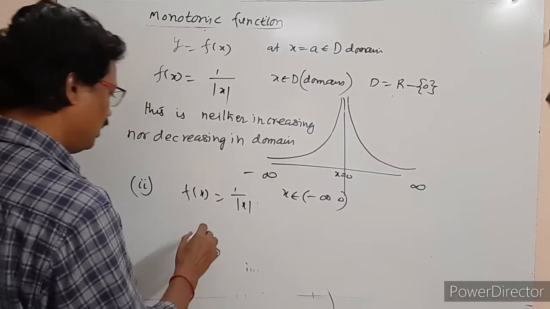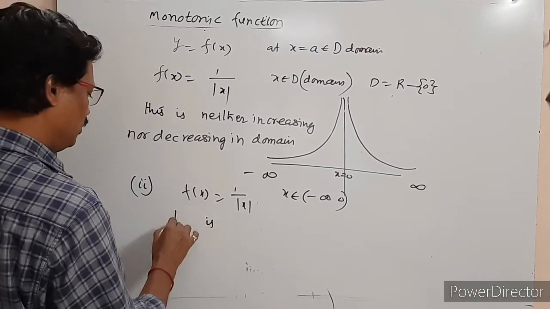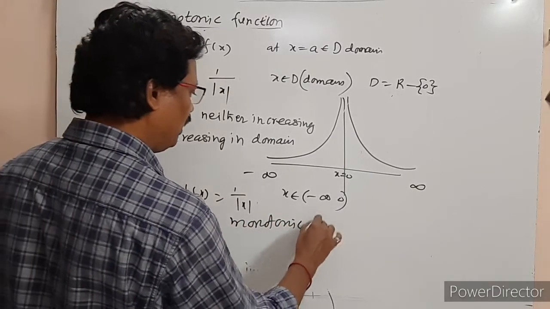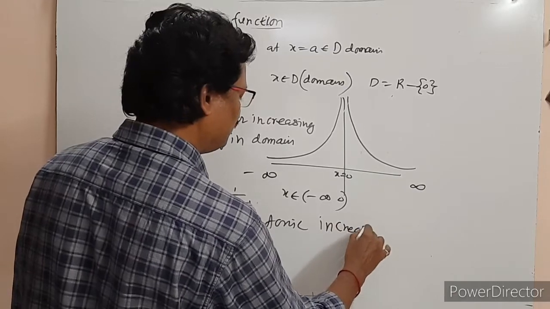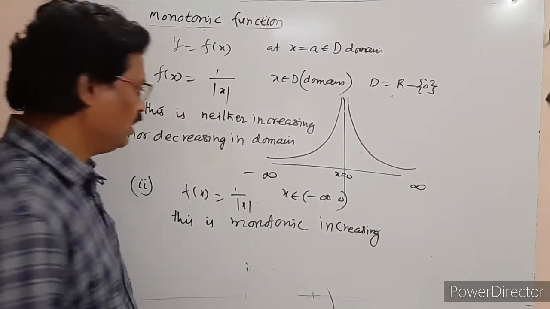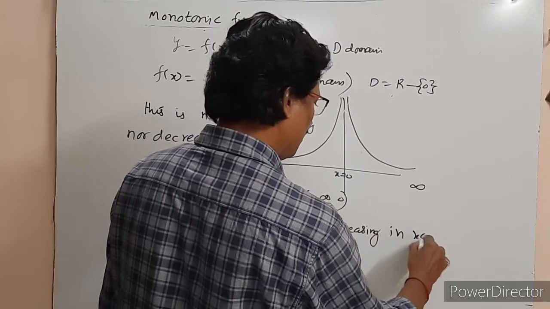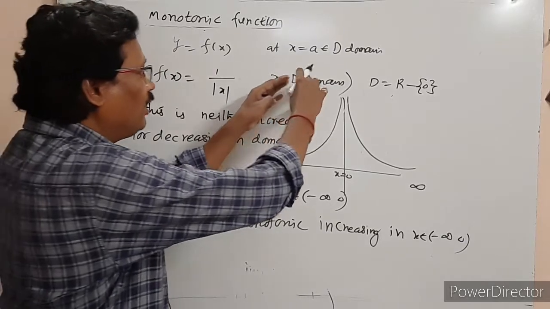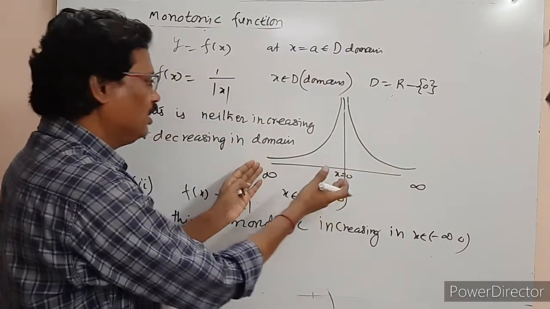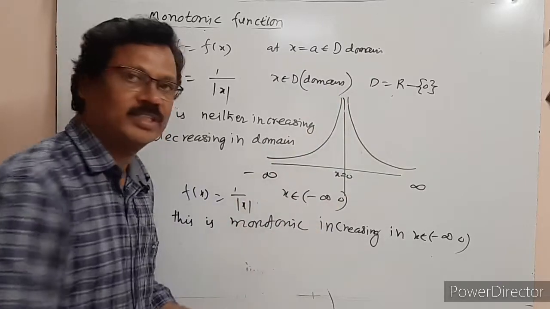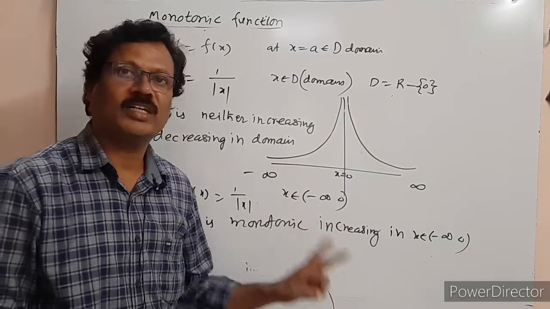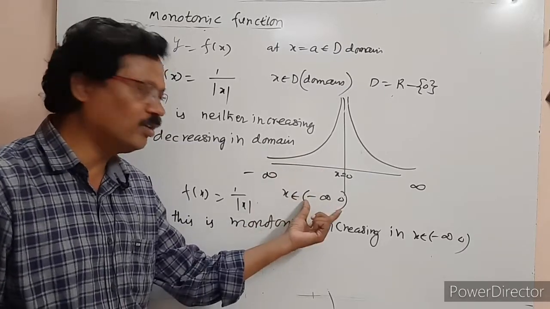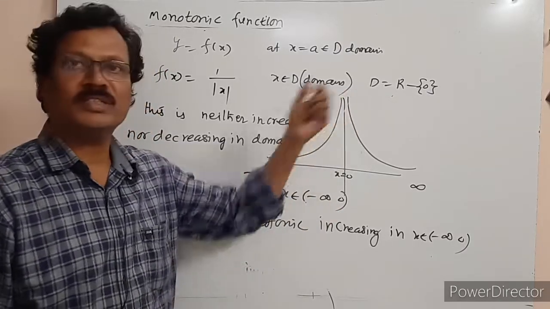Suppose they give the entire domain: in some part it is increasing, in another part decreasing. That is why neither increasing nor decreasing. We can't say it is monotonic. In the interval minus infinity to 0, yes, it is a monotonically increasing function.